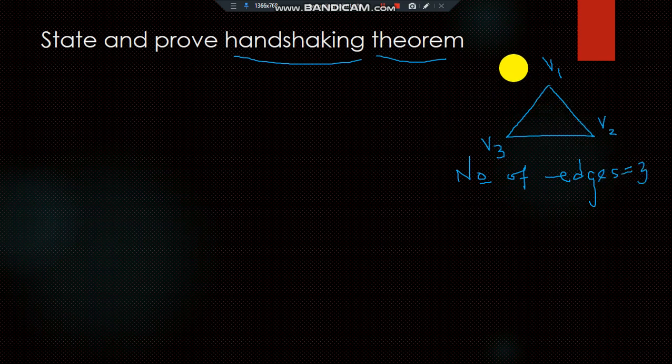Now what is the degree of this graph? Here the degree is 2. The number of edges going into V1 is called its degree. Two edges are going, therefore the degree is 2. Here also 2 edges are coming inside, the degree is 2.